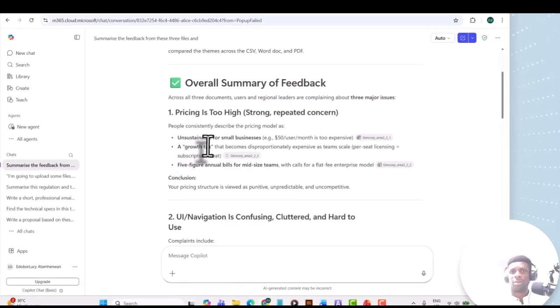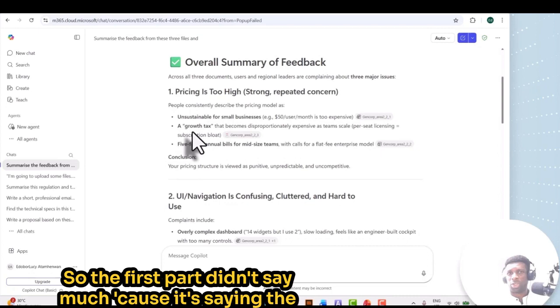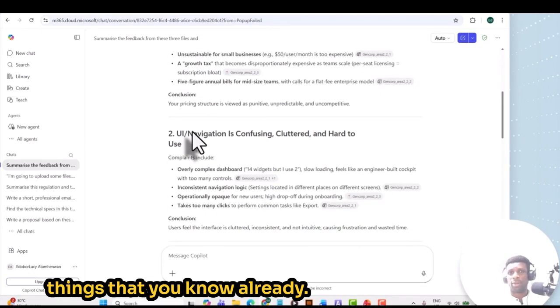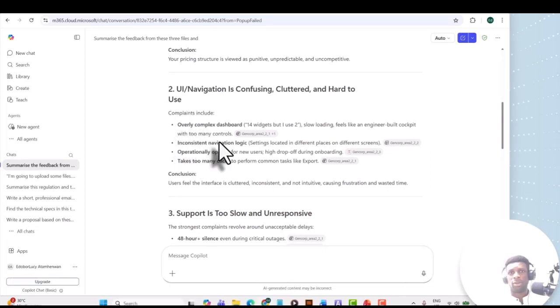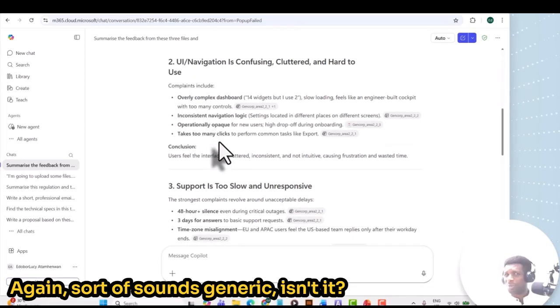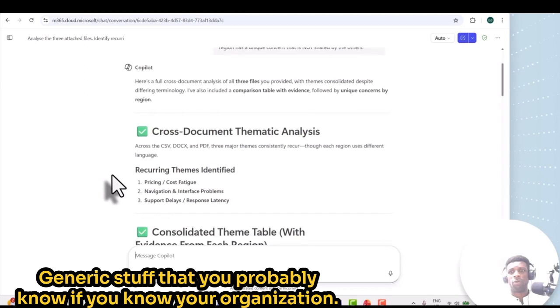Growth tags, you already know that. So the first part didn't say much because it's saying the things that you know already. And then navigation on the website and user interface and all of that. Again, sort of sounds generic, isn't it? The first one is mostly generic stuff that you probably know if you know your organization.